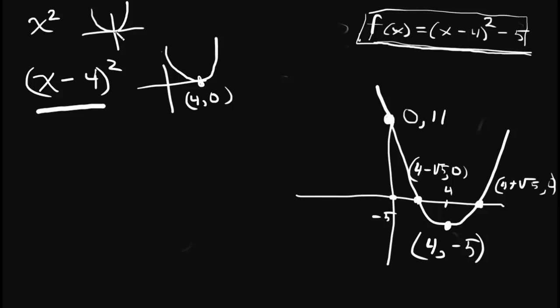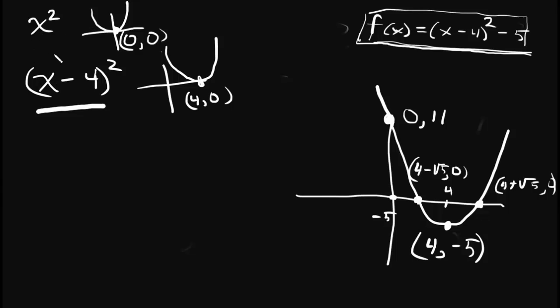This is the normative position for the simplest possible quadratic equation, just a plain old x squared. And at this point where it's x squared, it touches down at (0, 0), right on the origin. That's the normative touchdown point for the simplest possible parabola, the simplest possible quadratic.